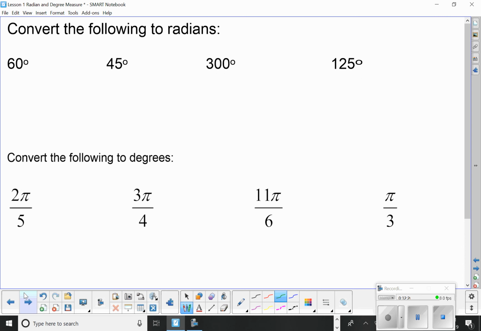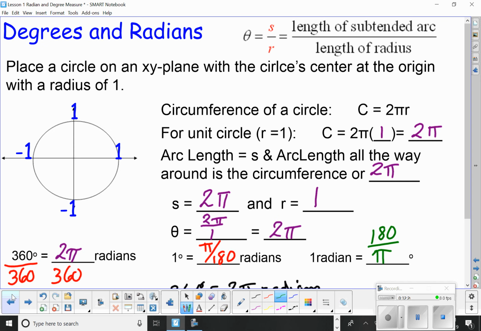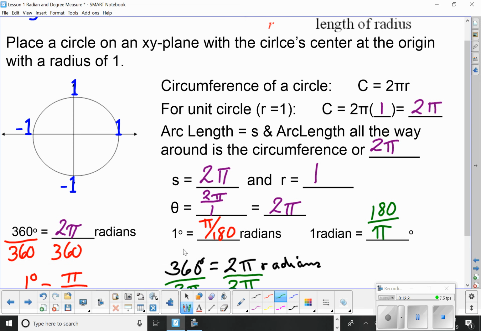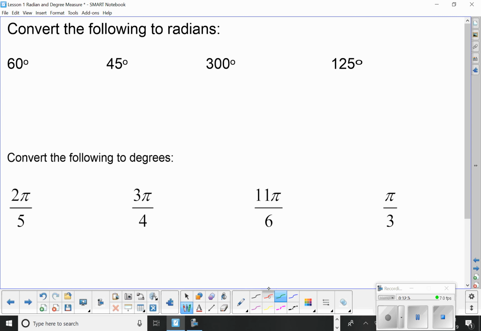Now, if we want to simply convert 60 degrees, well, this is where we have to remember our conversion ratios we found down here. I know some number of degrees. I'm going to multiply by pi over 180. So 60 degrees by pi over 180. 60 goes into itself once, into 180 3 times.